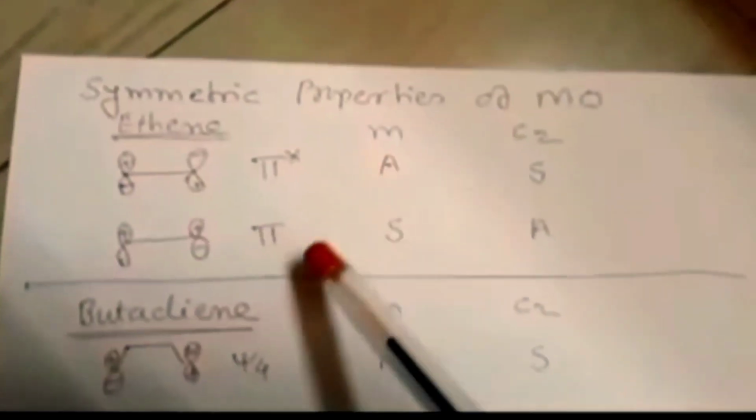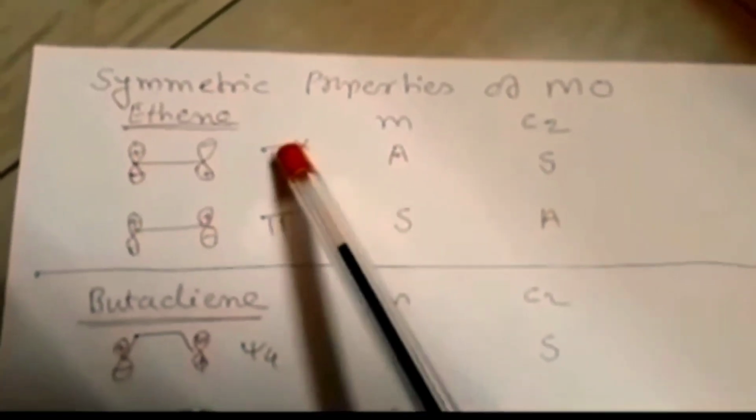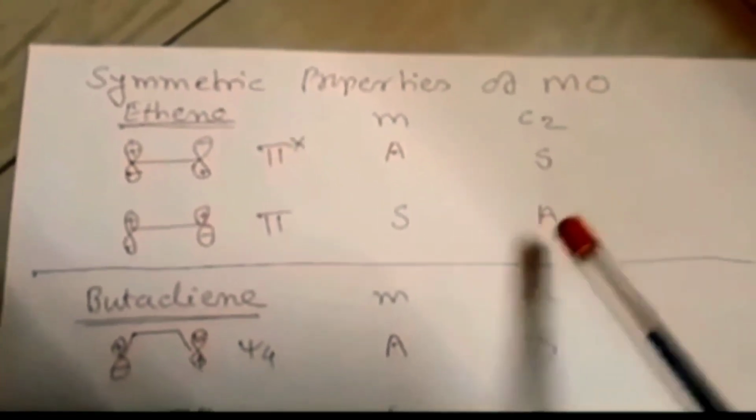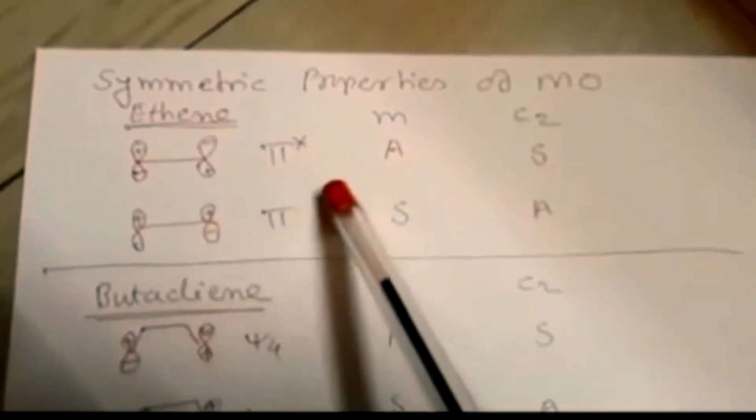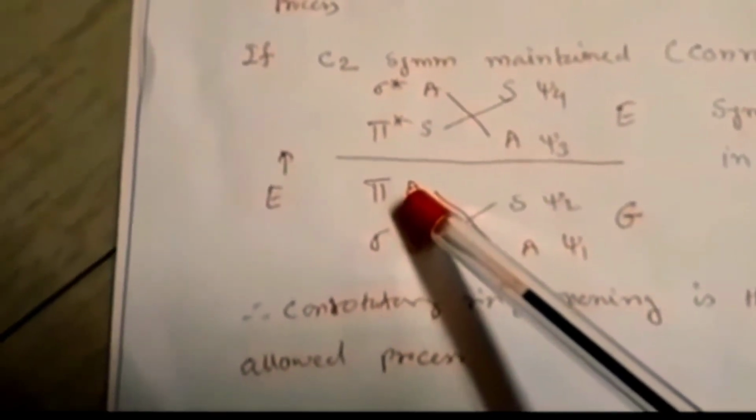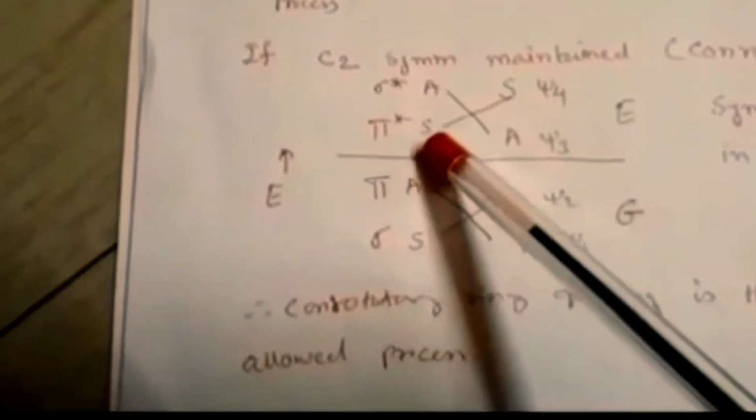So here sigma is symmetric, sigma star is asymmetric. Then pi and pi star with respect to the C2 axis of symmetry: pi is asymmetric and pi star is symmetric.